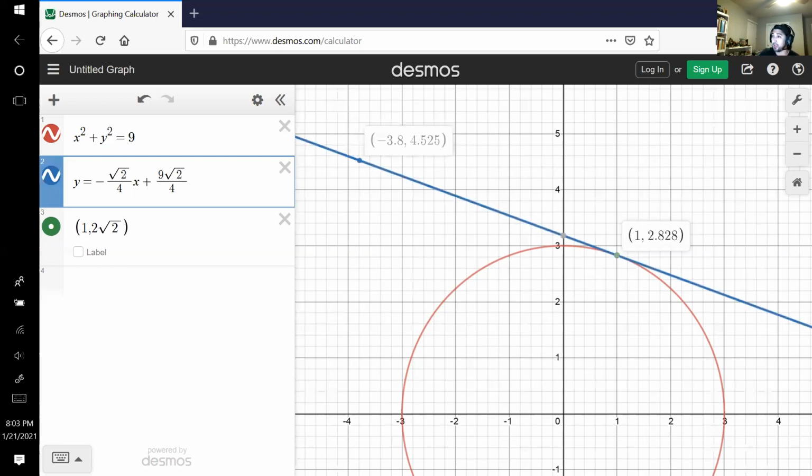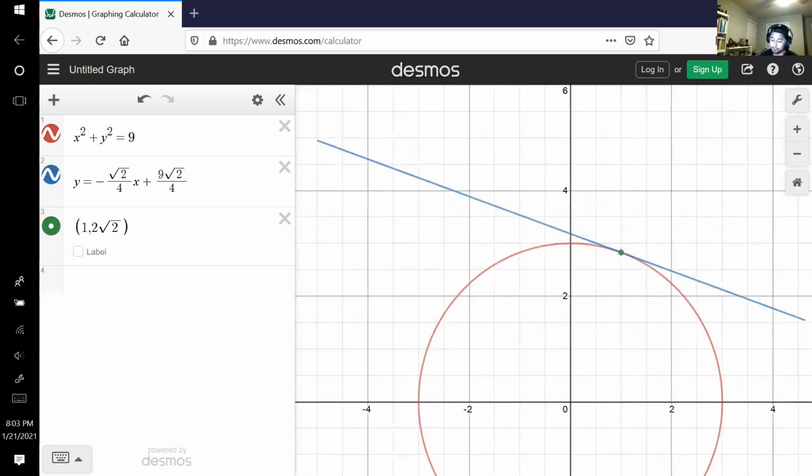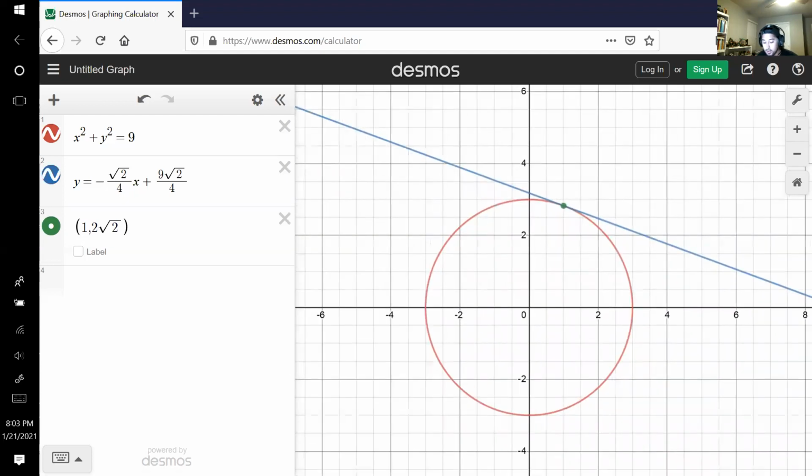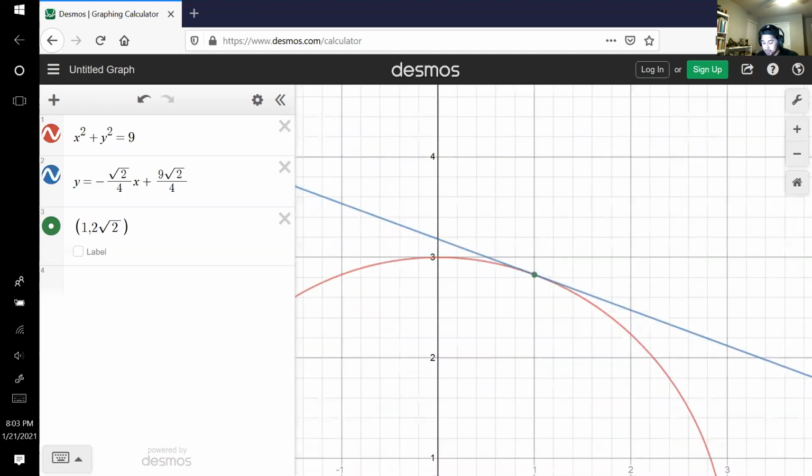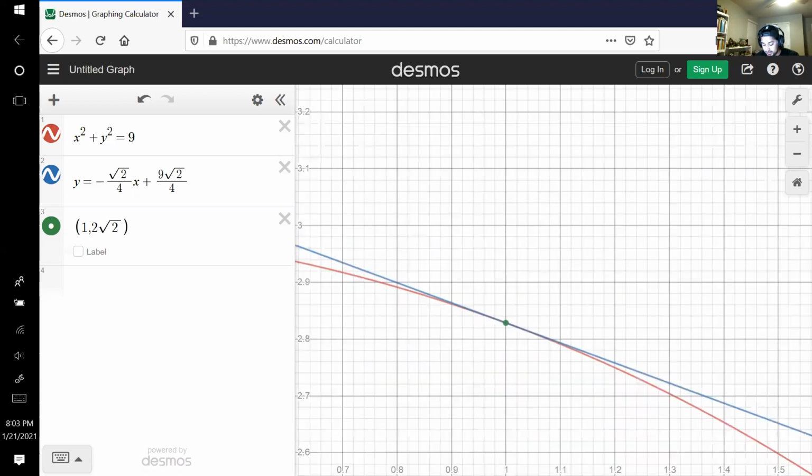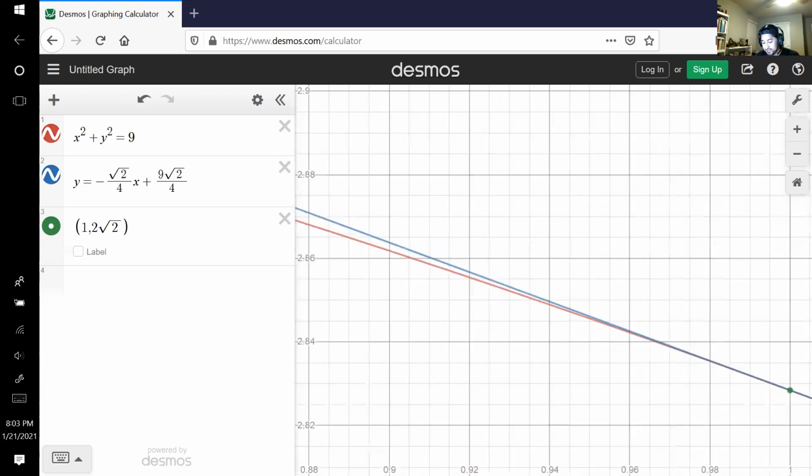So you see this blue line comes down, touches the circle there, and then takes off. All that other area, that blue part, it's not actually touching. It's just getting really close. If I zoom in enough, you see that? It's still not touching.